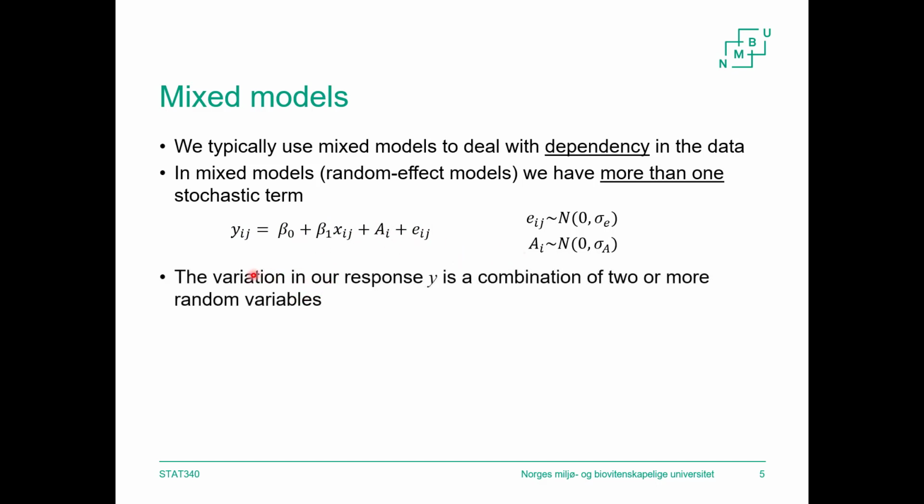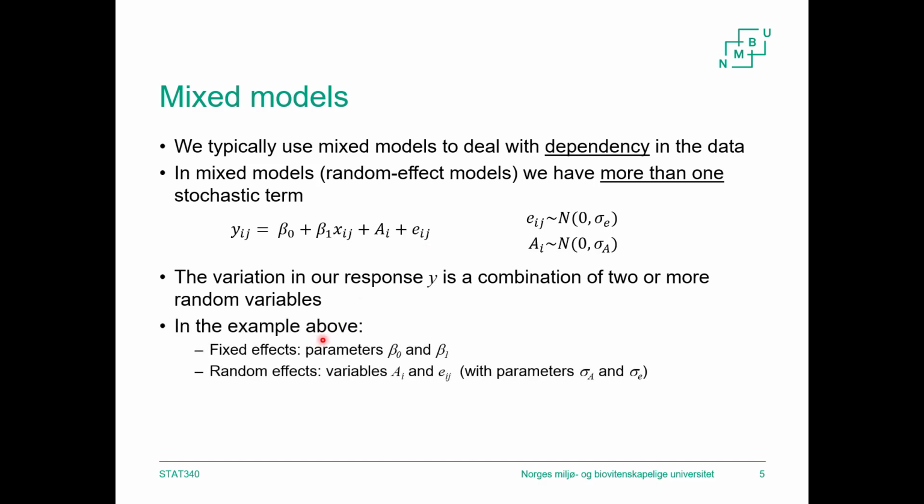The variance in our response variable is now a combination of two or more random variables. In this case two, but it could be more. In this example above, we have some fixed effects, and that's the first part here. We have some parameters, the intercept and the slope.